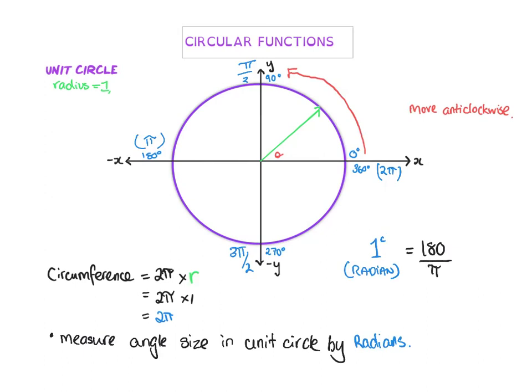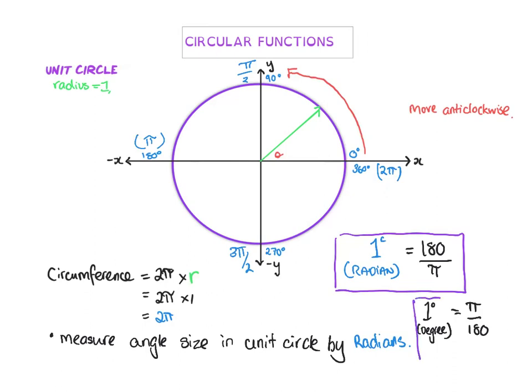So we're going to use these formulas in a minute to convert maybe a degree to radians. And then if we need to know degrees, 1 degree, so that's what we're used to measuring our angles with, is equal to pi divided by 180. Okay, so they're the two formulas that we can use to convert, and we will do some examples on the other page.